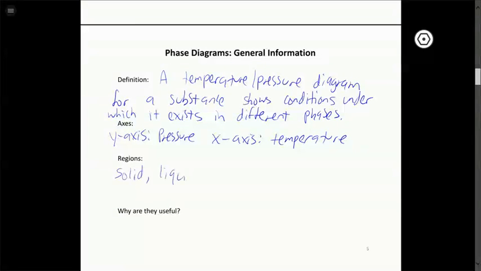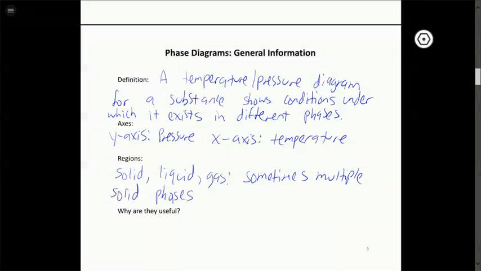There are some substances that have multiple solid phases. Now what does that mean? And how do you have two different phases that are both solids? Now that's where, as we talked about, these crystal structures, let's say you have a metal that exists as a cubic crystal structure at one set of temperature and pressure, perhaps in another set of conditions it will exist as a hexagonal structure.